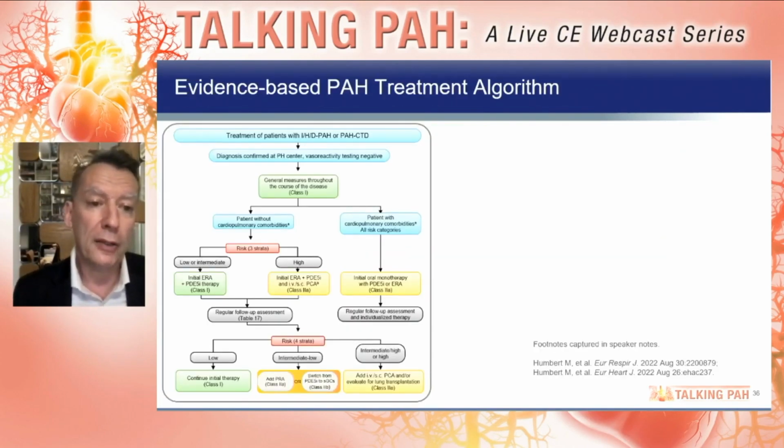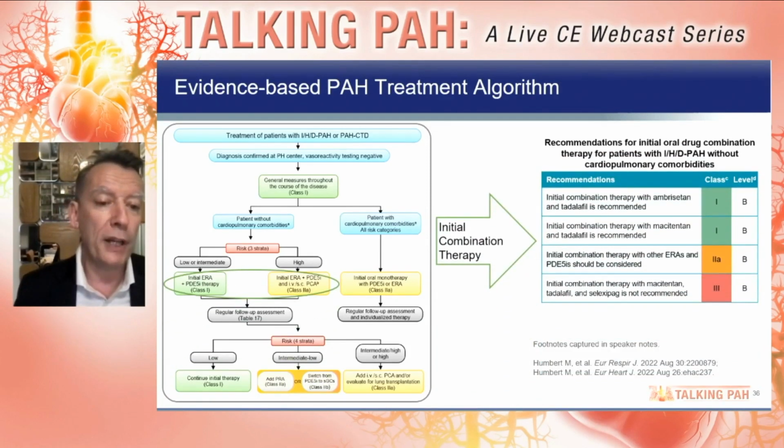So in the guidelines, this is very well reflected, and I'm going to move on and show you that in patients like this lady on the left in the green circle, you see that when you are low to intermediate risk, initial oral combination therapy with an endothelin receptor antagonist and a PDE5 inhibitor is recommended.